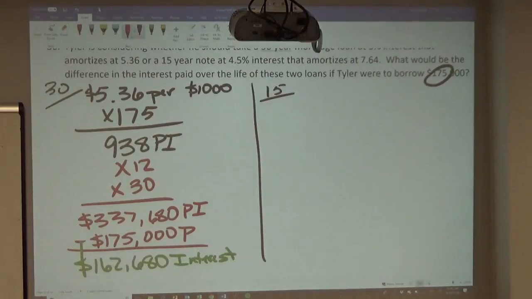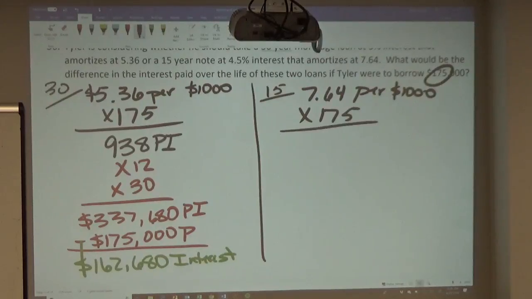Now let's look at the 15-year note. Here's what we know about the 15-year note. That one amortizes at $7.64 per 1,000. And we still need to multiply it times 175 because we're borrowing $175,000. And that equals $1,337 per month principal and interest.